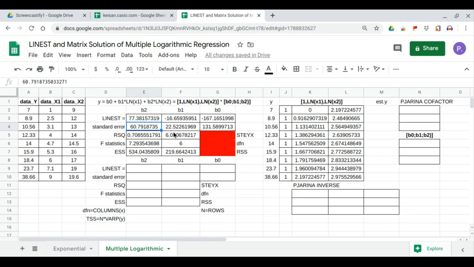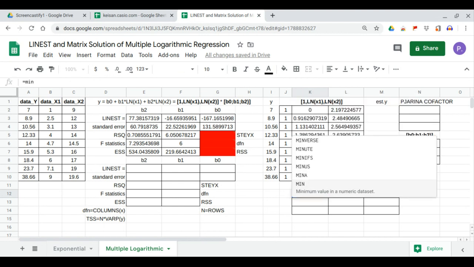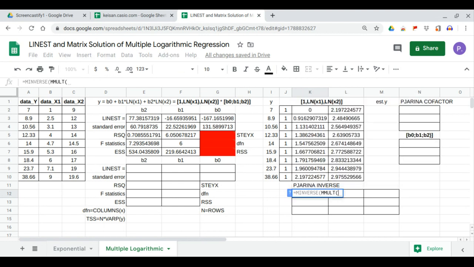We will calculate each output of the LINEST function using the matrix solution. Start with the pre-inverse, which is MMULT, MINVERSE, MMULT of the transpose of the 1, x matrix, the transformed matrix, and itself.